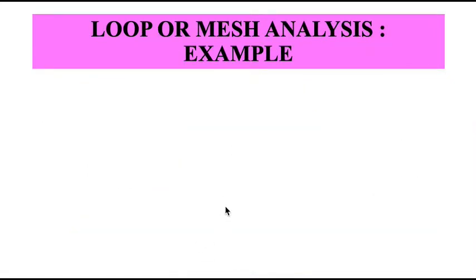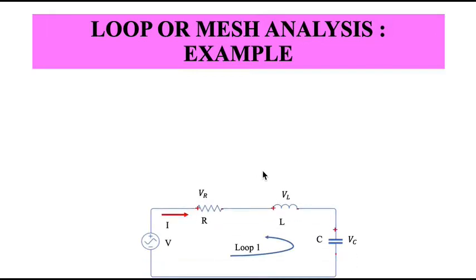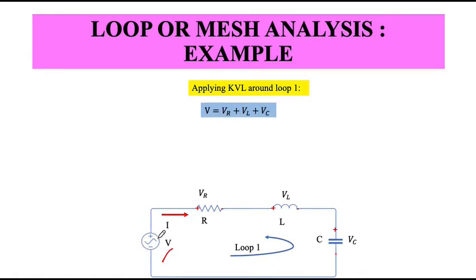Okay, now if I do loop or mesh analysis, you also call it a series RLC circuit, which has a voltage source. Again, all elements are linear. If I apply my voltage law, the total voltage V would be the voltage across the resistance plus the voltage across the inductor plus the voltage across the capacitor, where current is flowing in this direction.